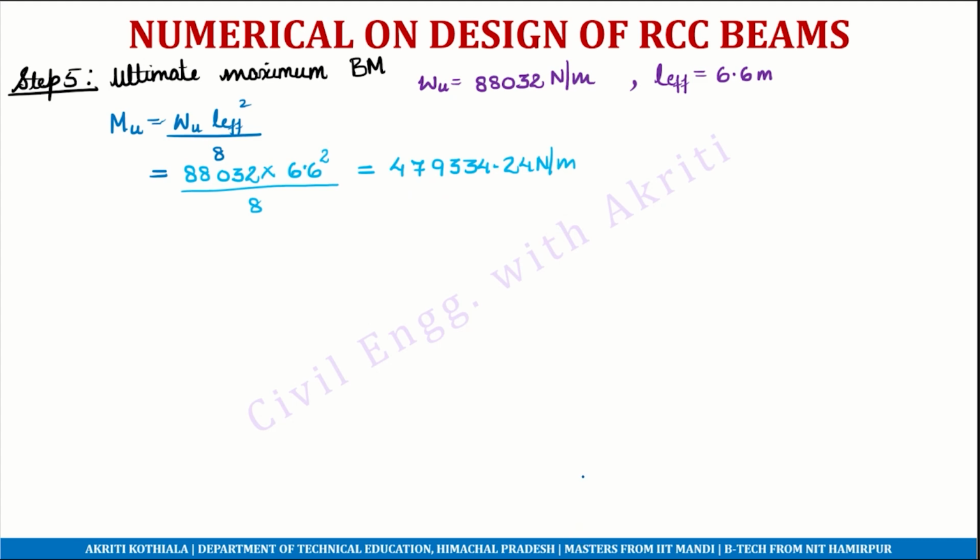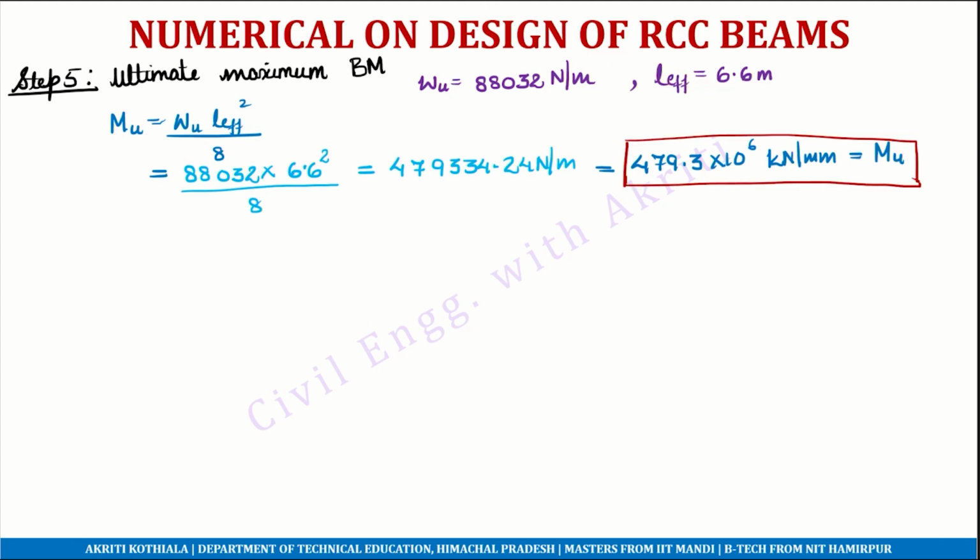So we can convert it into a more usable form, which is 479.3 into 10 to the power 6 kilonewton millimeter. So we have converted Newton into kilonewton and meter into millimeter. We also have to keep in mind that because this value is in Newton per meter, we will take the value of L effective in meters only.